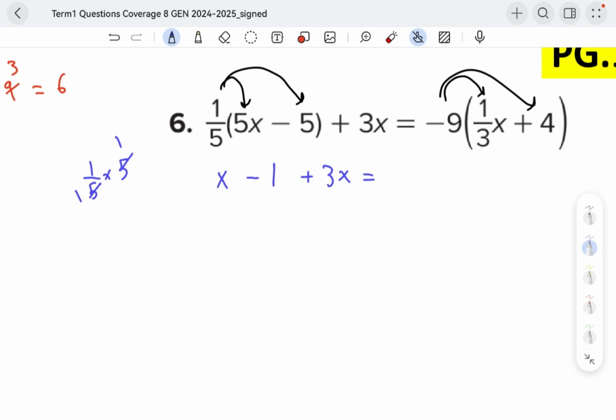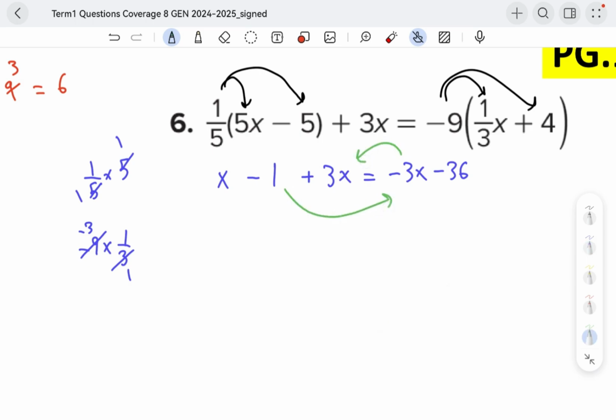This is negative 3x. I will do it here for you. Negative 9 times 1/3. Simplify first, divide by 3, this is 1. Divide by 3, this is negative 3. Negative 3 times 1 is negative 3x. Negative 9 times 4, this is negative 36. Okay, now I will move the variable to the left side, the constant to the right side.